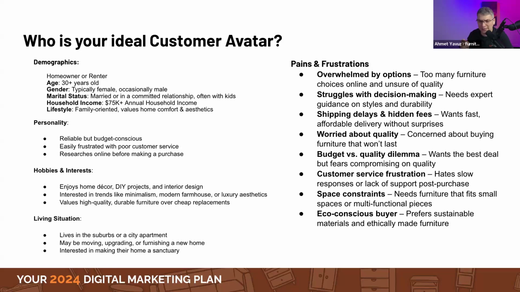And to be honest, let's say you are in Paterson, New Jersey, and you want to sell high-end furniture, it's not going to work well, because Paterson is not a high-income city in New Jersey.